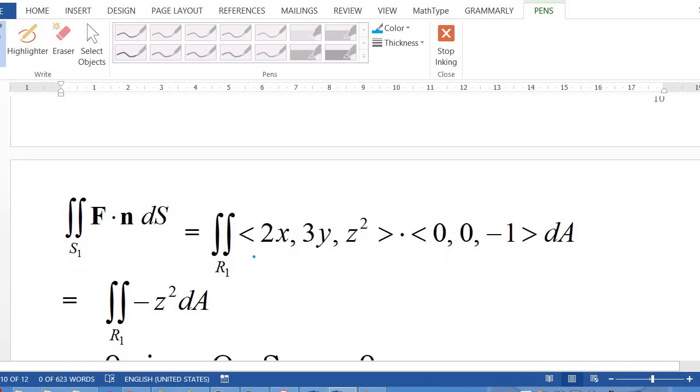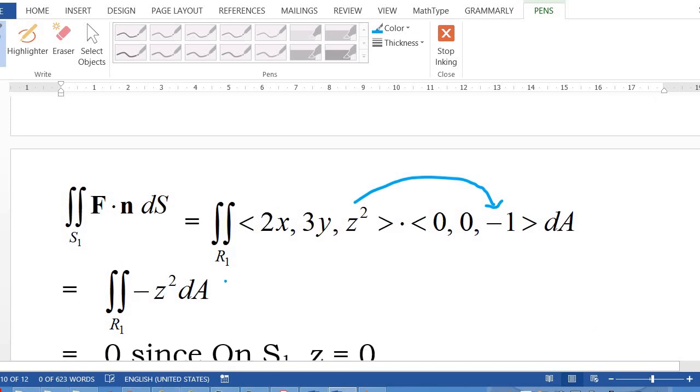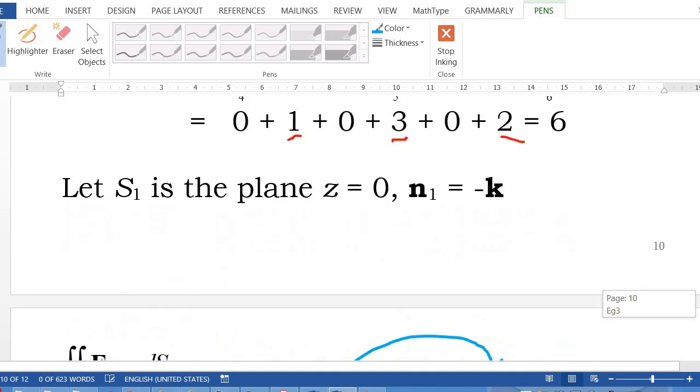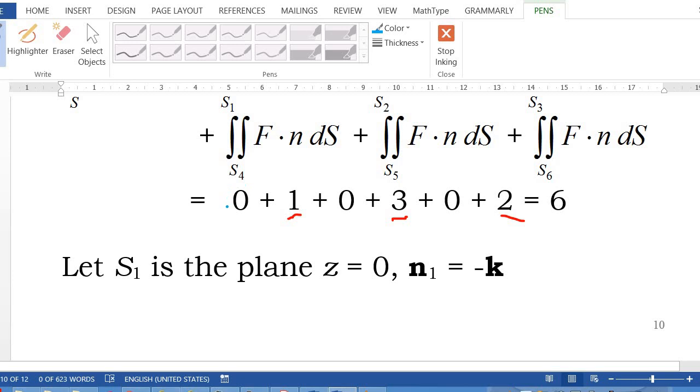Then this is the vector F given, and you do the dot product. Because these two components are 0, you get negative z squared, and surface S1 is actually z equal to 0, so integrate 0, you get answer 0. That's right. For S1, the flux integral you get 0.